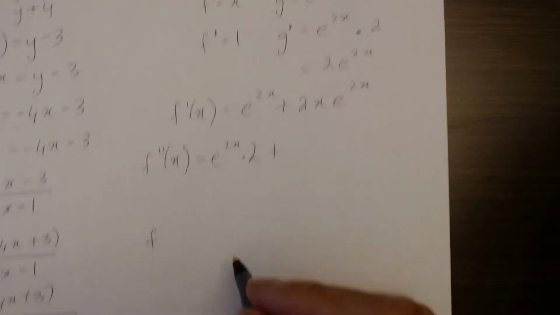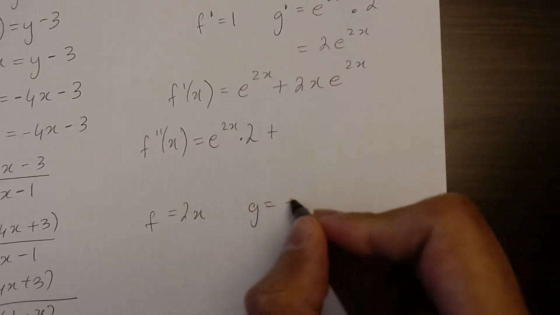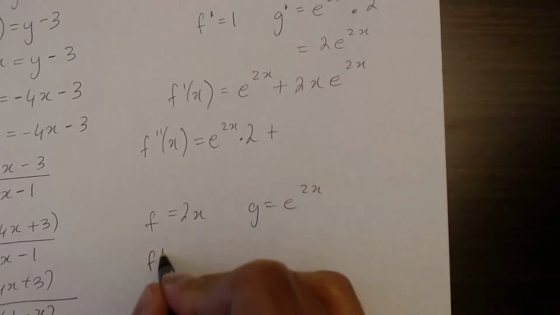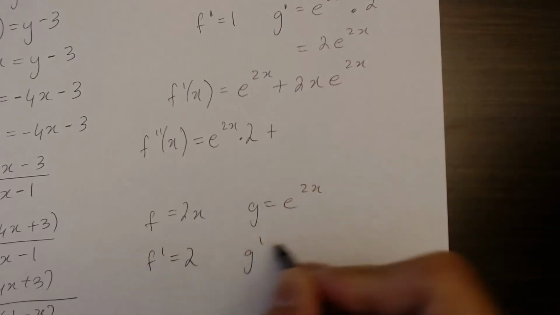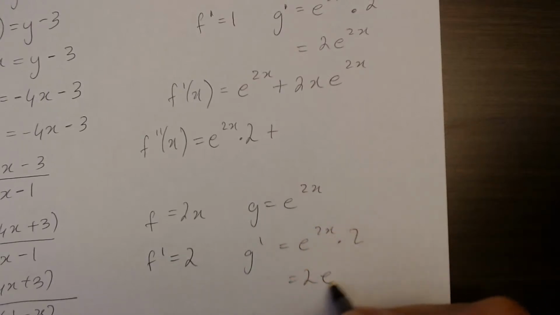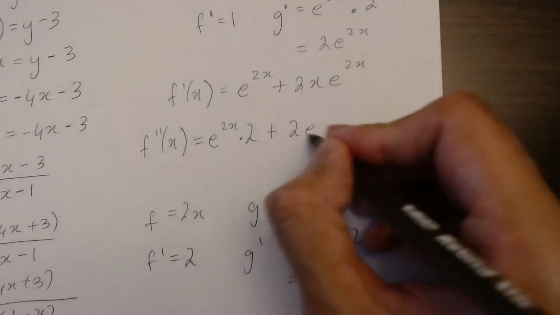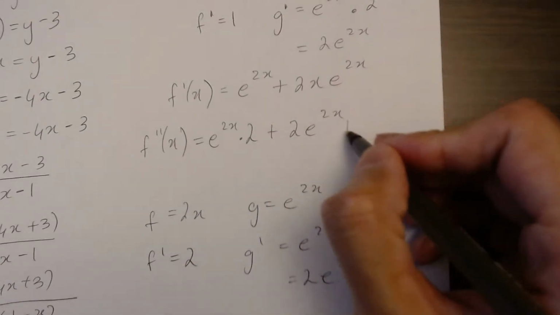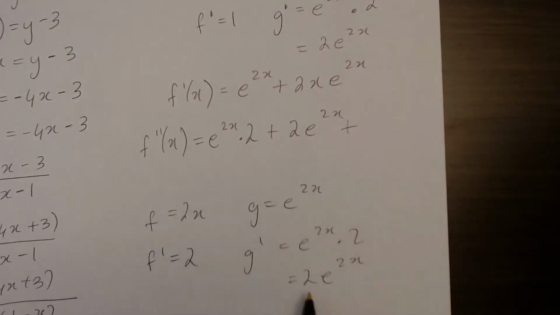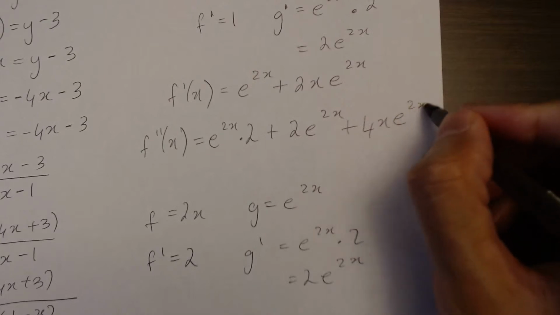So f equals 2x, g equals e to the 2x, f prime equals 2, g prime equals e to the 2x times 2, which is 2e to the 2x. And I'll put f prime g here, 2e to the 2x plus g prime times f. So that's 4x e to the 2x.